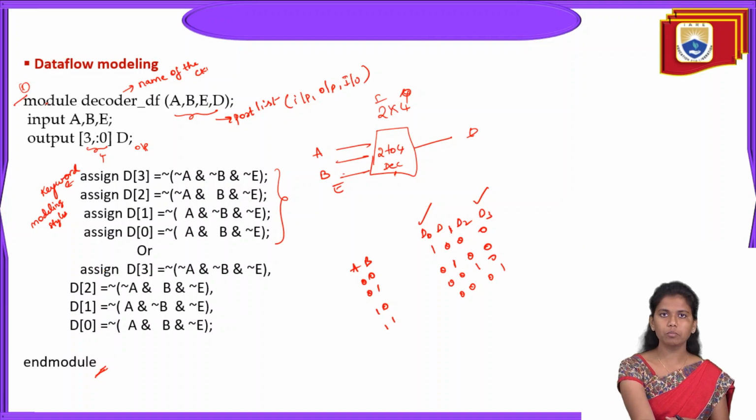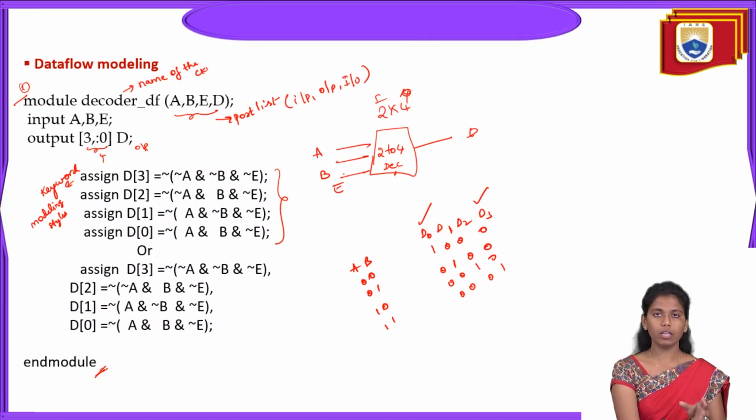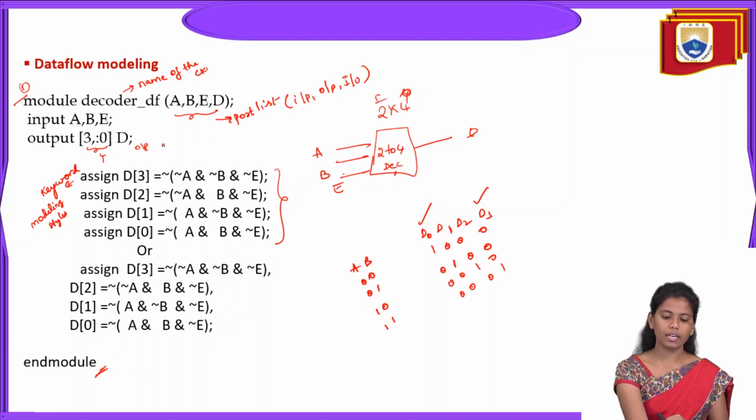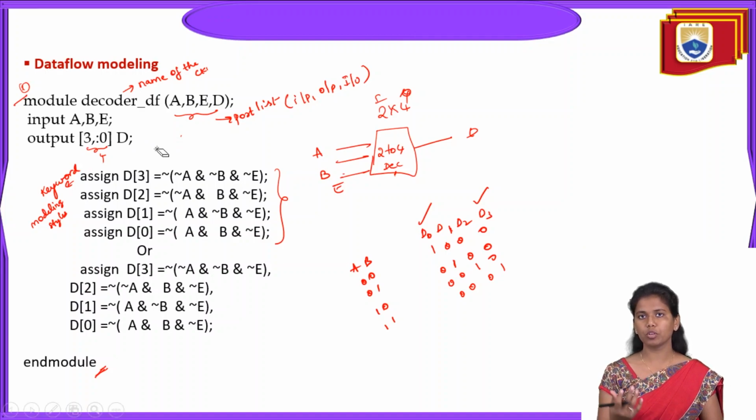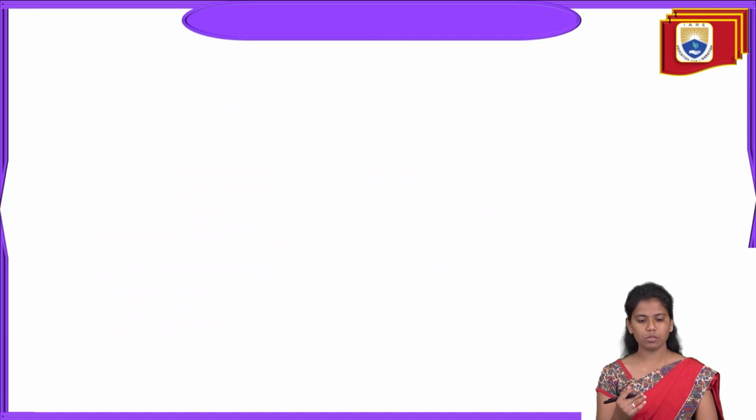If you start with module, then your code should end with endmodule. If you start anything with initial or begin, then it should end with end, right? So these are a few things to remember when you are writing code in terms of data flow modeling, and also in terms of other behavioral styles as well.